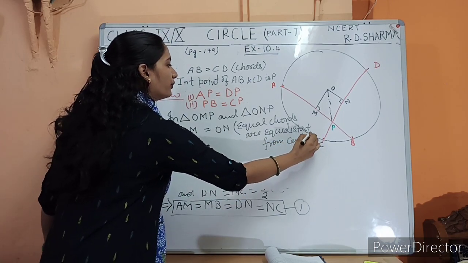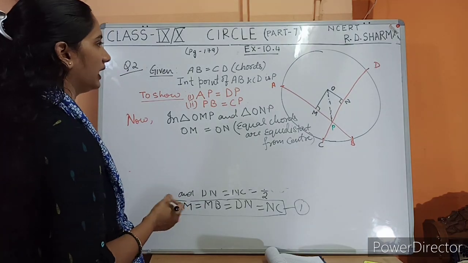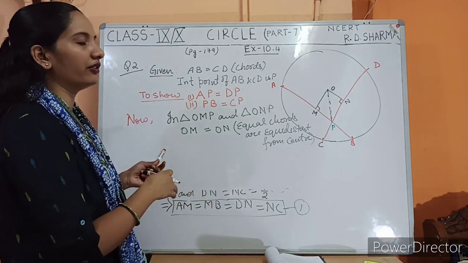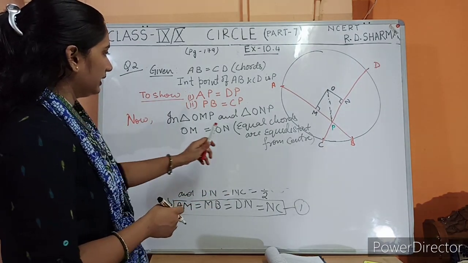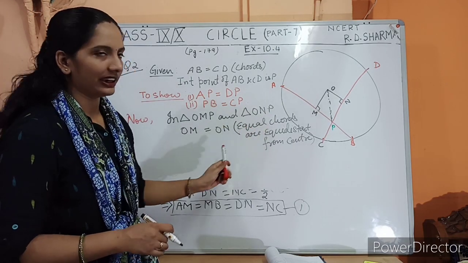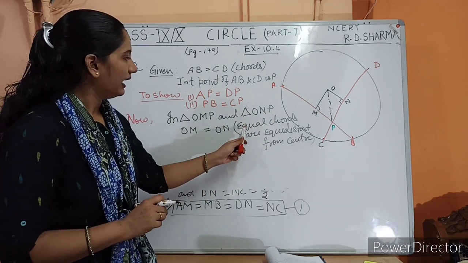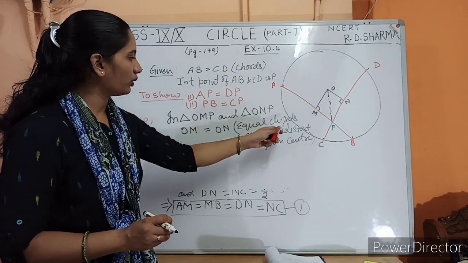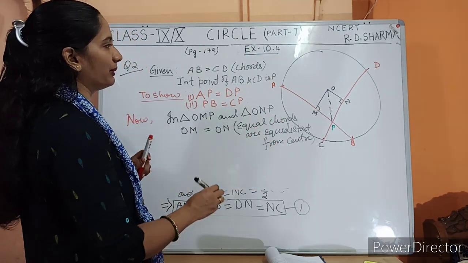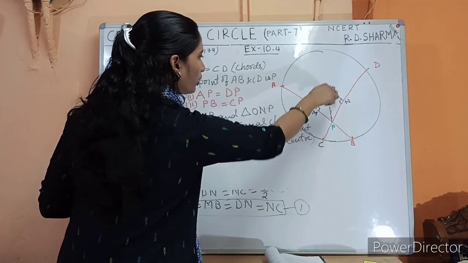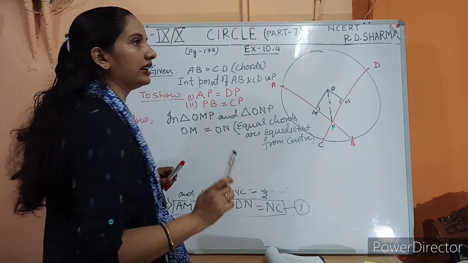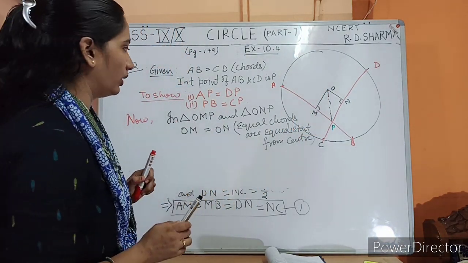This theorem proof also we have done in my previous earlier video. You can find out. ये भी एक theorem है जो हमने already proof किया हुआ है. What it says, equal chords are equidistant from the center. मतलब अगर कोई दो equal chords है तो उसका distance center से भी equal होगा.